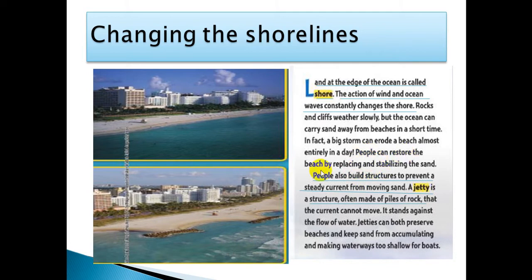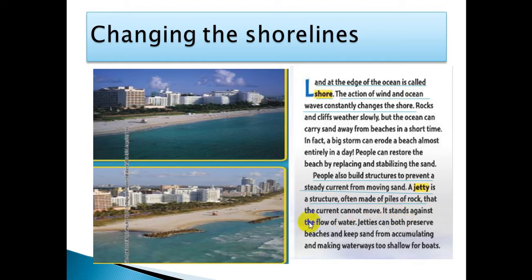People can restore the beach from this action of the waves by building a jetty. What is a jetty? A jetty is like a building made of rocks. They make it inside the water to stop or slow down the ocean. It's often made of piles of rocks that the current cannot move.